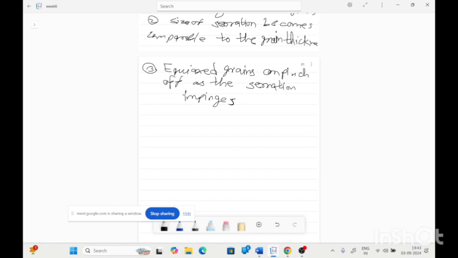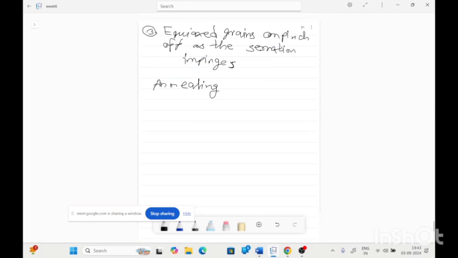So up to this point, we studied all the processes of annealing and recrystallization during deformation also. All these processes lead to grain refinement, meaning a decrease in grain size after the deformation and annealing process.